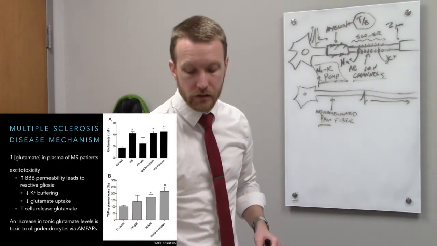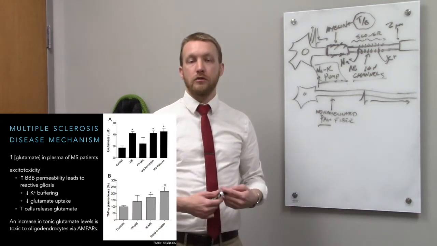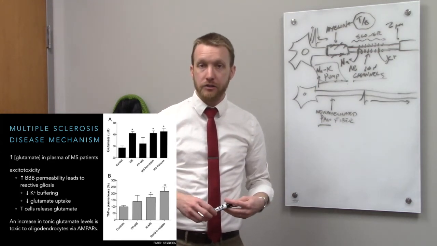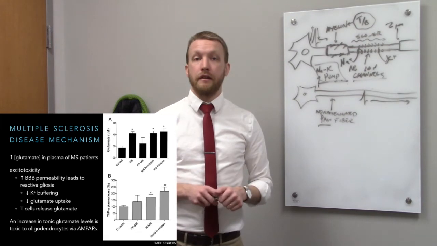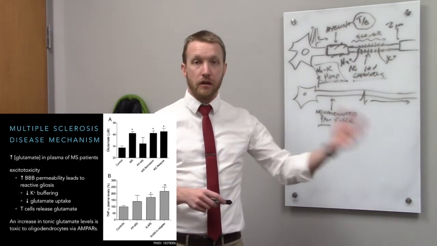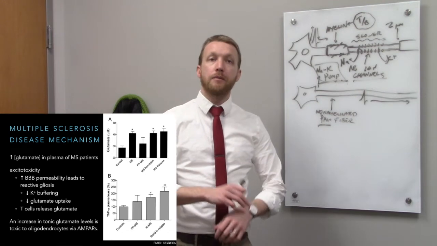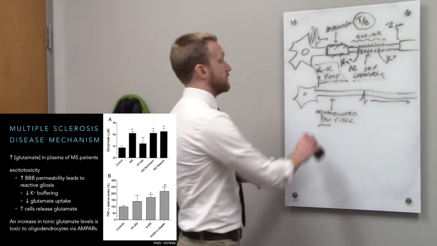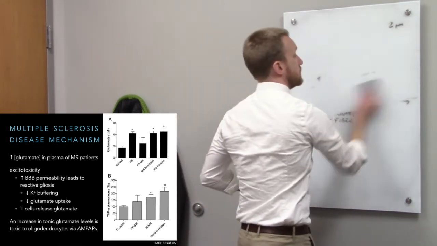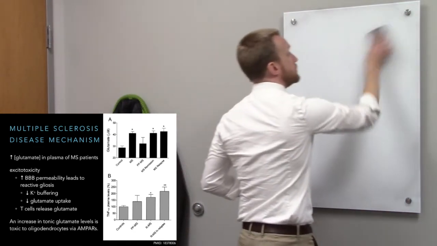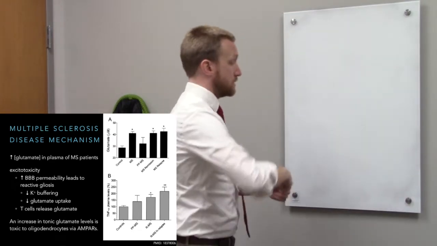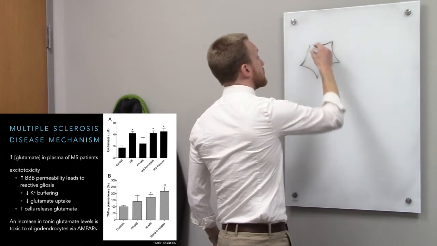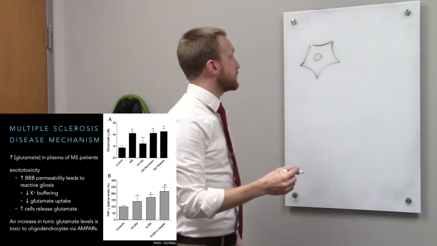There's also some evidence that improper clearance of glutamate or excess production of glutamate might underlie the neurodegeneration in MS. This is also not a new story. We've heard this in other diseases as well. So anytime you have reactive gliosis, so if you have, let's say, loss of neurons, and you need to clean up that damage, we have reactive gliosis, just like we discussed in last lecture and previous lectures.